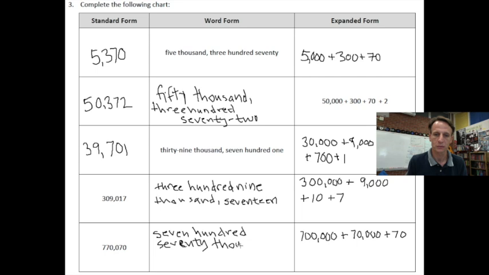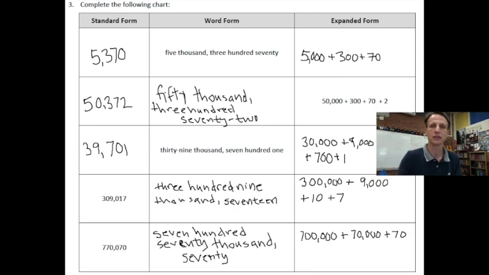In word form, yep, I placed the comma there after 1,000. And we have 070, which is 70. Notice there's no ands to be found. 770,070. Number 3 done, cruising to number 4.